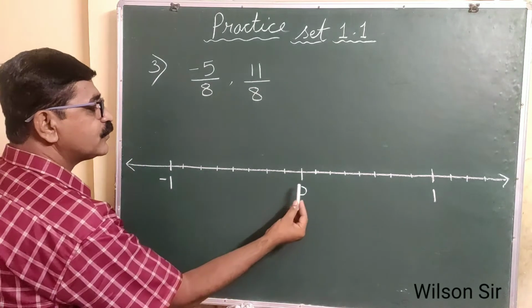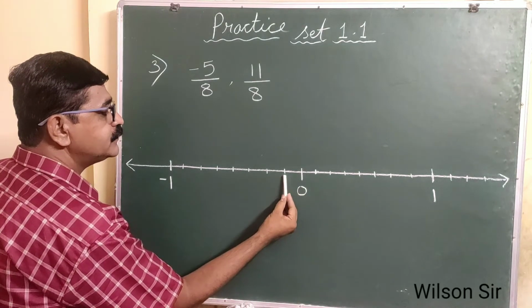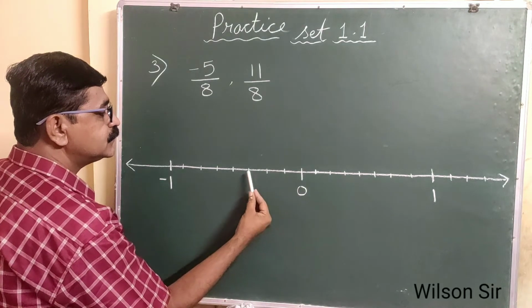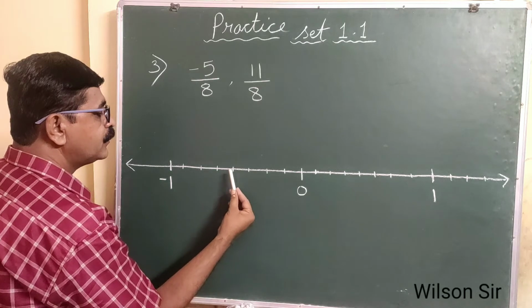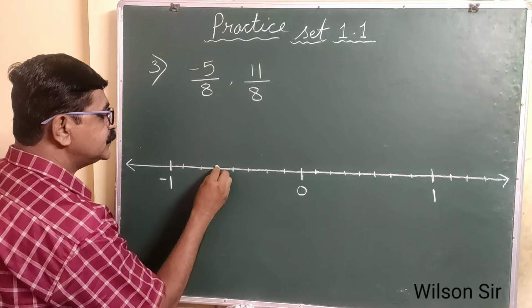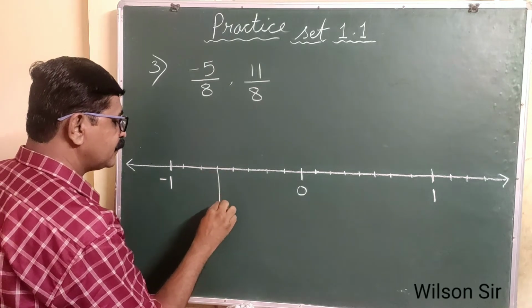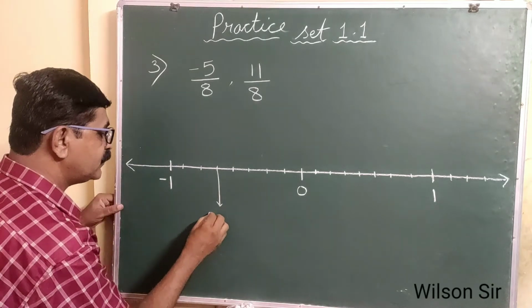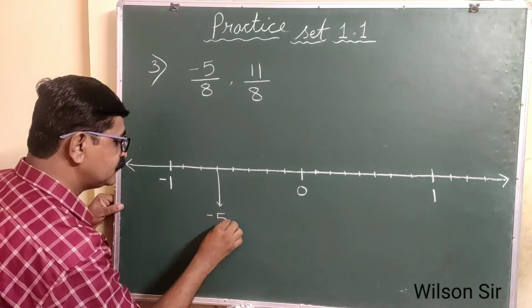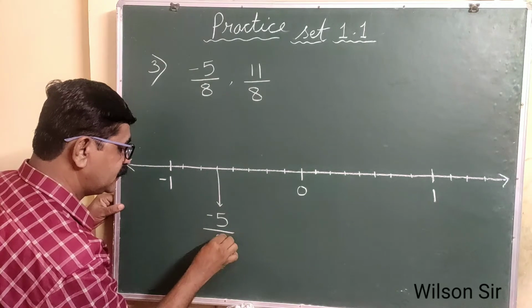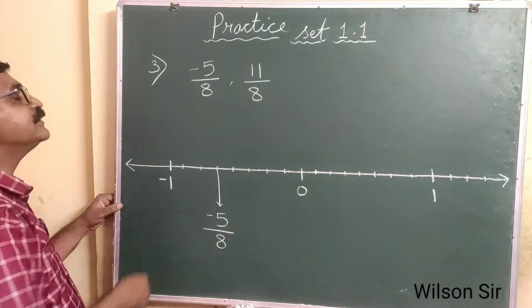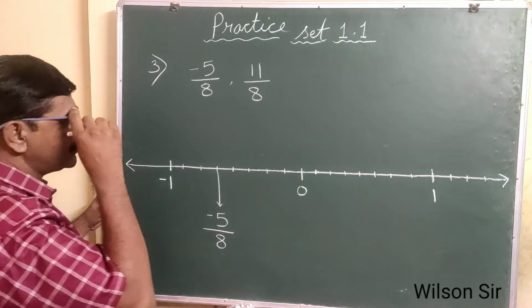So minus 5 means from 0 you have to count 1, 2, 3, 4, and 5. So this number you will get minus 5 upon 8. Next we will see 11 upon 8.